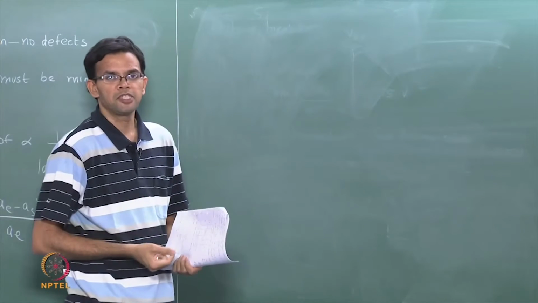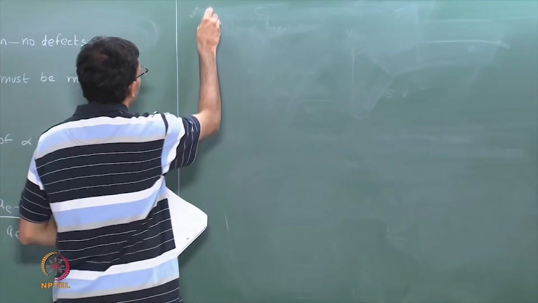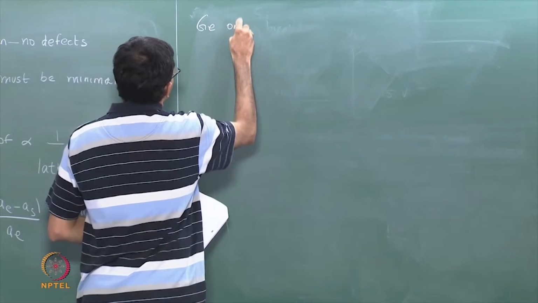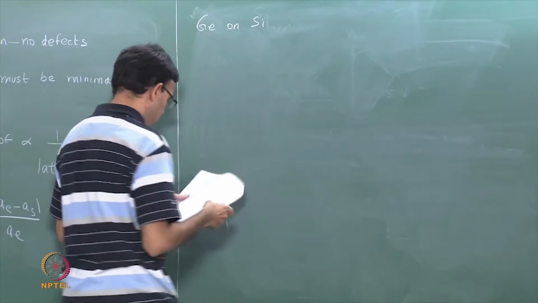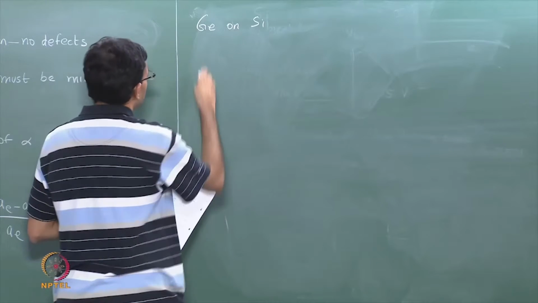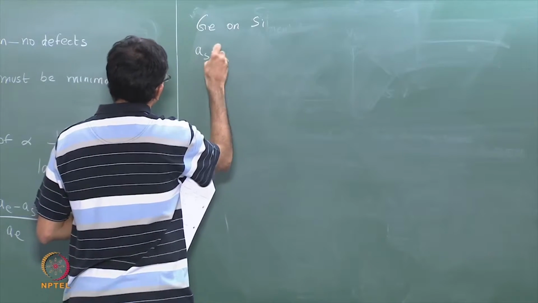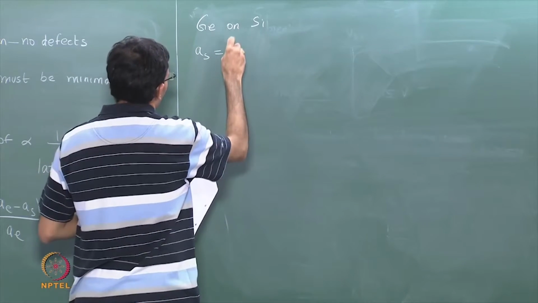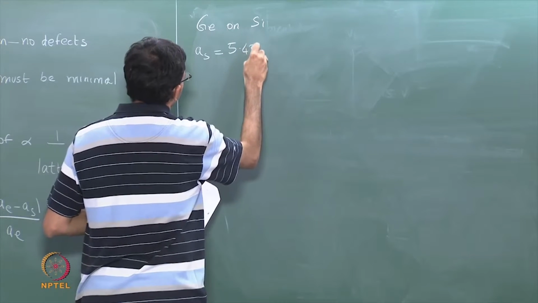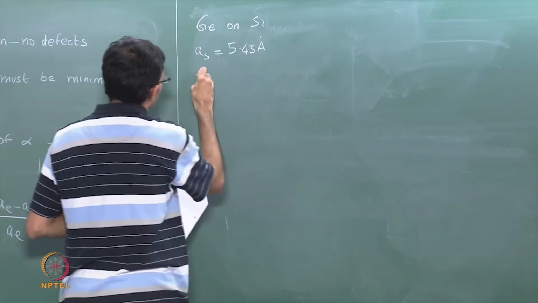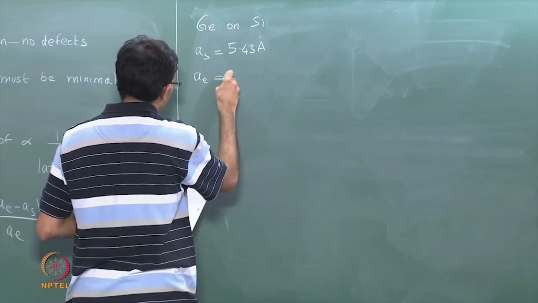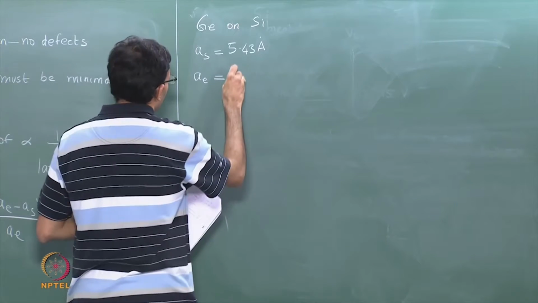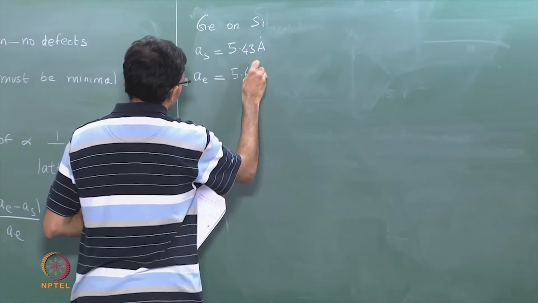So, let us take an example of silicon and germanium. So, let us say I am trying to grow a germanium layer on silicon. The lattice constant for silicon, AS, is 5.43, and for germanium, that is my epitaxial layer, it is 5.66.